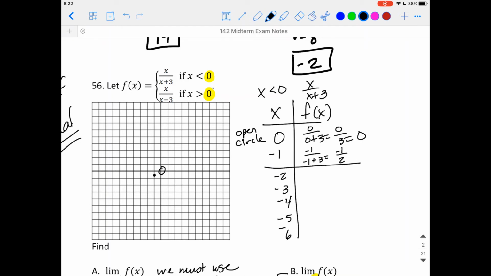If you do these on your calculator in the interest of time, for negative 2, you're going to get negative 2 over negative 2 plus 3, which is just going to give you negative 2. At negative 3, I said in the interest of time, but let's just do these. It'll be negative 3 over negative 3 plus 3, which is negative 3 over 0.